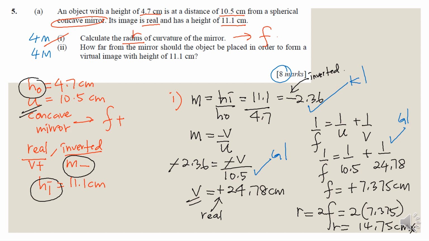Dan jawapan akhir untuk dapat R. Gantian jawapan unit 1. Okay, so gantian ni betul-betul, unit betul, nilai betul, jawapan akhir betul, unit betul. So dapat 1, 2, 3, 4. 4 marks, 5A1. Okay, calculate the radius of curvature of the mirror. Okay, next kita pergi ke 5A2.